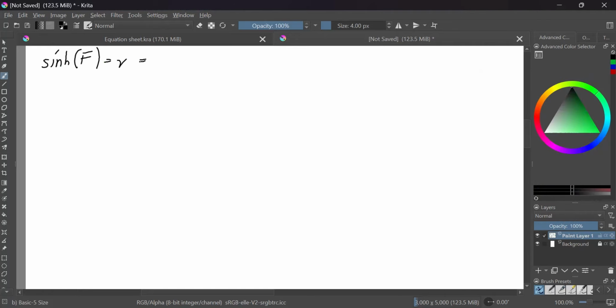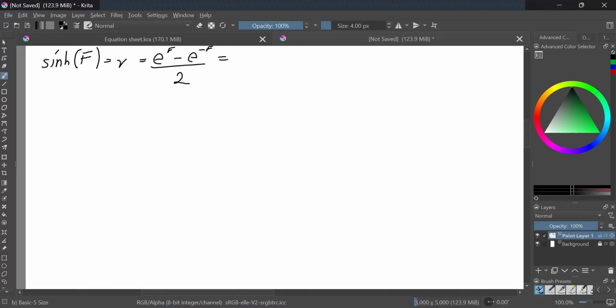That is going to be e to the f minus e to the minus f over 2. Except that's not super pleasant to work with, to try to backwards derive. Backwards derive? Sure, why not?